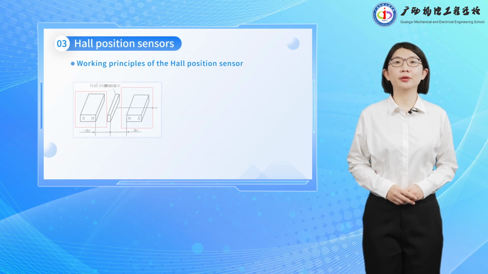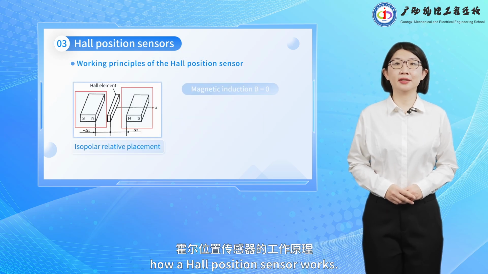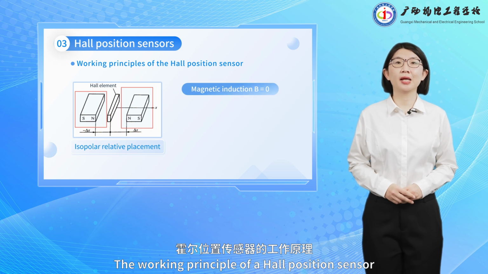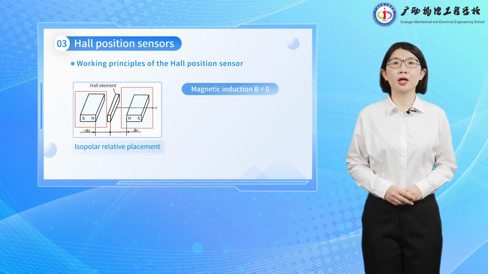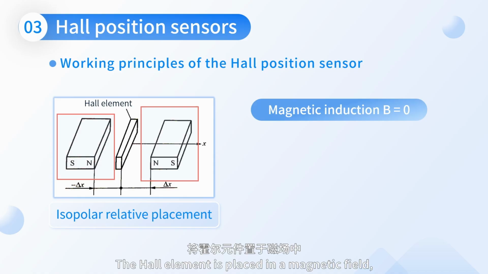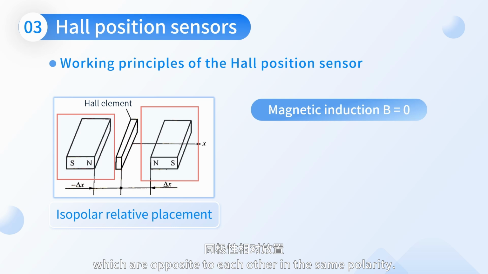Next, we will cover how a Hall position sensor works. The working principle of a Hall position sensor is shown in the figure. The Hall element is placed in a magnetic field, and two permanent magnets with the same magnetic field strength are placed on both sides, opposite to each other in the same polarity.